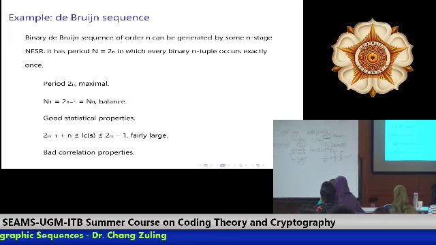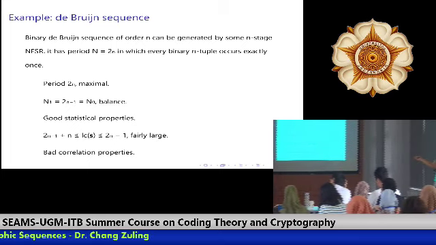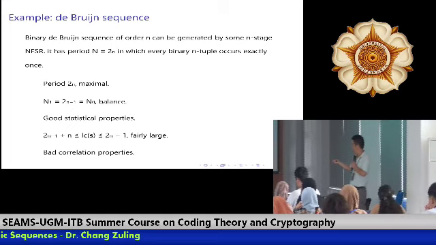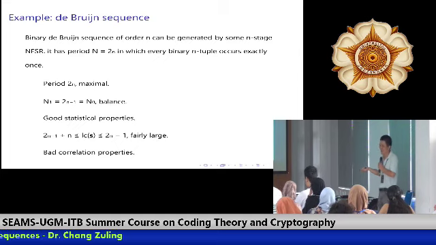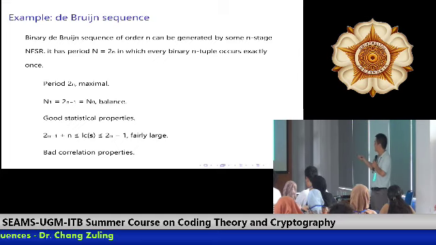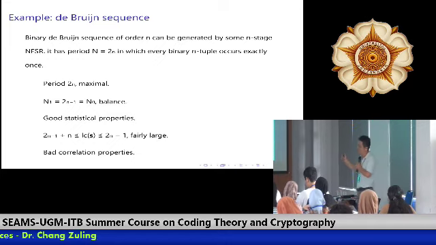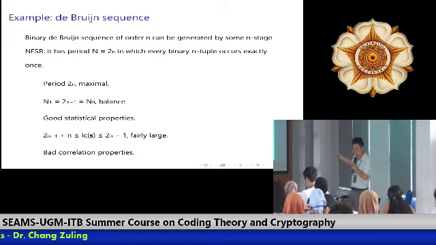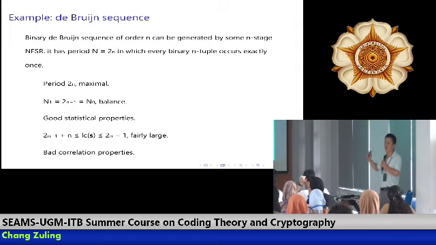So this property is good for the de Bruijn sequence. But its correlation property is bad. So this is the de Bruijn sequence, also used in communication but mostly in cryptography. So different domains have different demands.